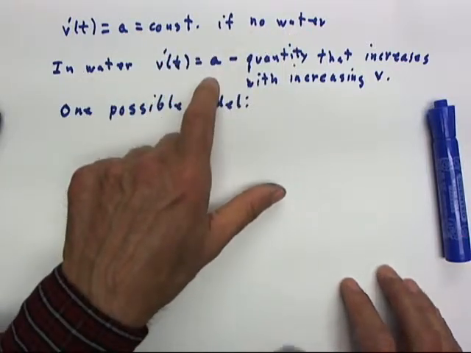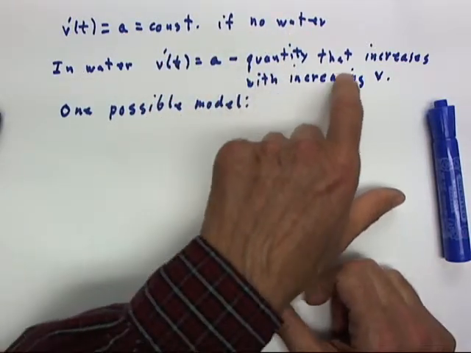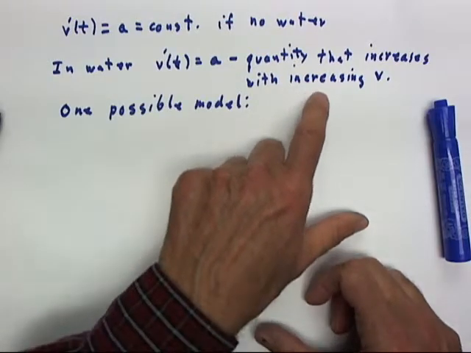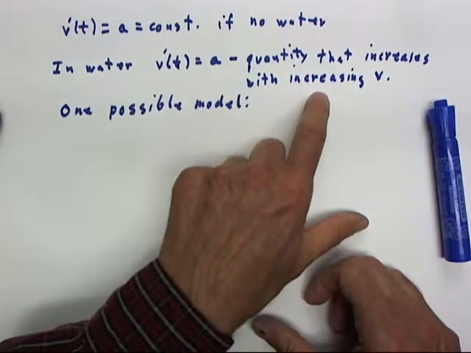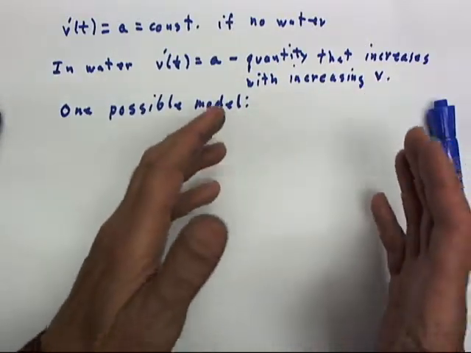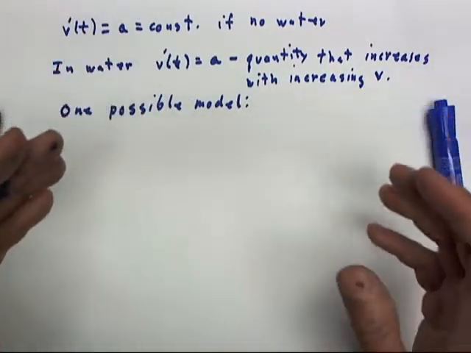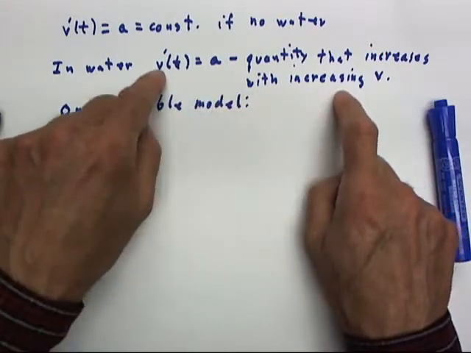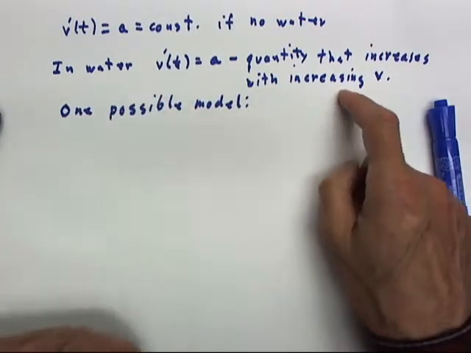if there was no water, but then we have to subtract off some quantity that increases with increasing v, because as v increases we have to move more and more water out of the way every second, and this causes the velocity to build more and more slowly.